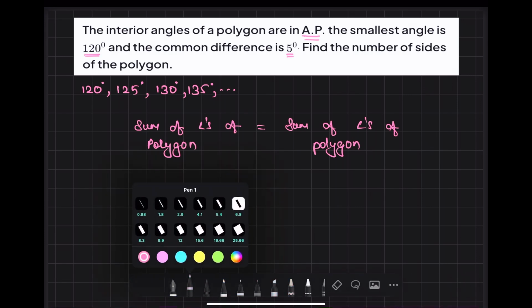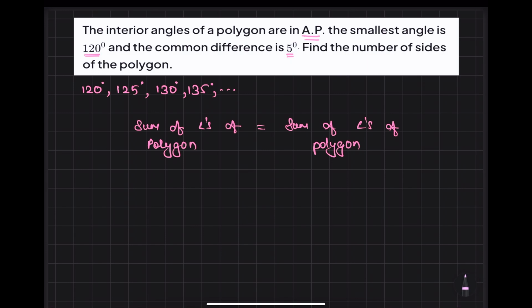My idea is, you know that in childhood days we have solved this problem where we try to find the sum of angles, and we have studied that it is n minus 2 into 180. Like, it was 180 times n minus 2, where n represents the number of sides.